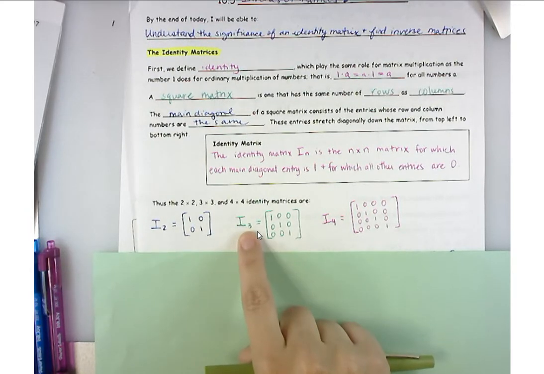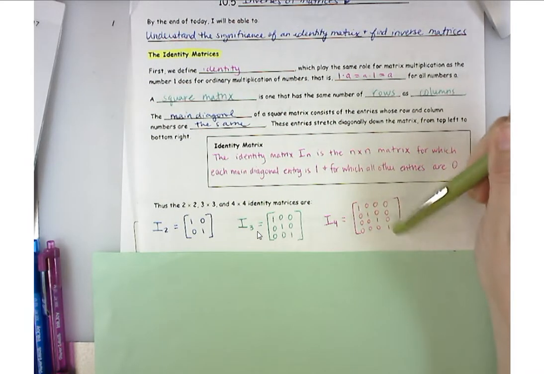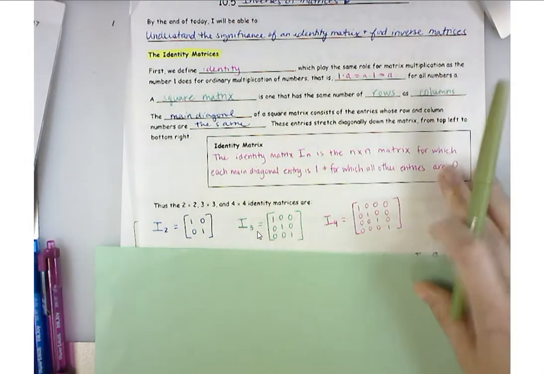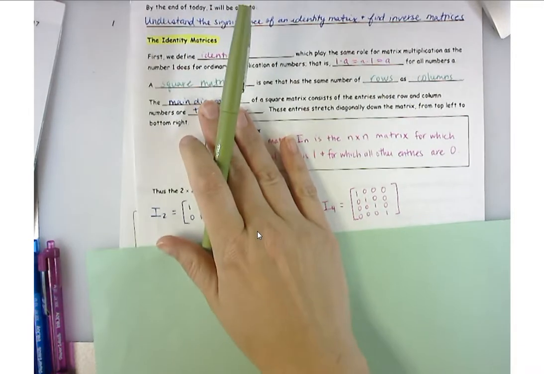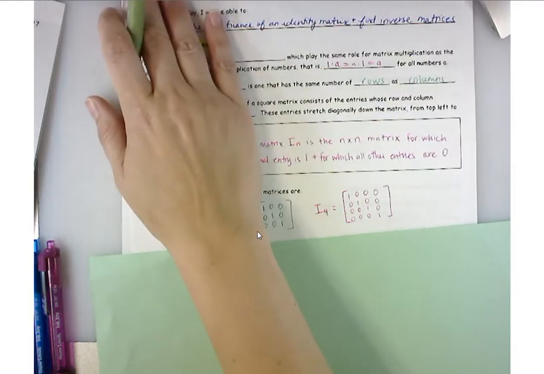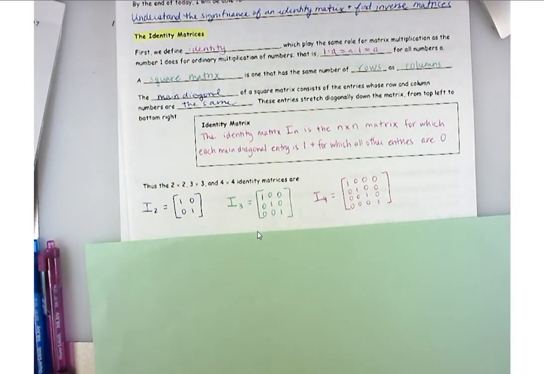I sub 3 is the 3 by 3, so you have the 3 1s in the diagonal, all the rest are 0. And then I sub 4, you have the 4 1s on the diagonal, all the rest are 0. These look really familiar because they're in what form? What form has zeros above and below the 1? Reduced row echelon form. Okay, that's exactly right.